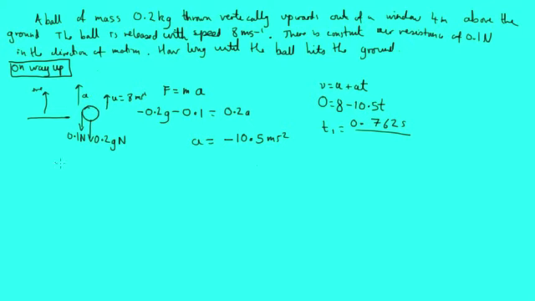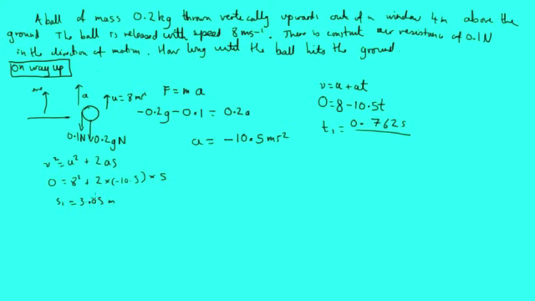So we're going to use v squared equals u squared plus 2as. So we know that the final velocity is 0, then it's 8 squared plus 2 times minus 10.5 times s. Rearranging all of that, the distance it goes up before it starts to drop is going to be 3.05 meters.